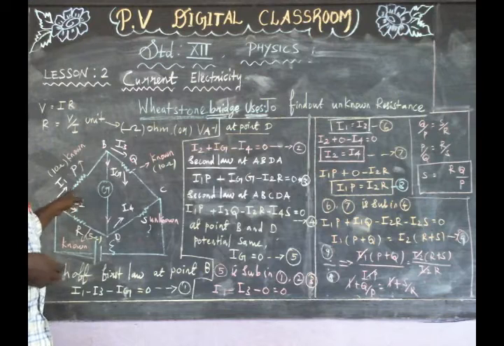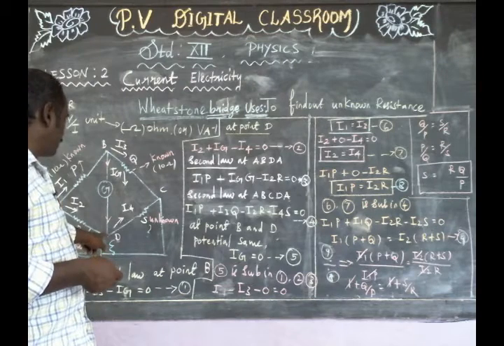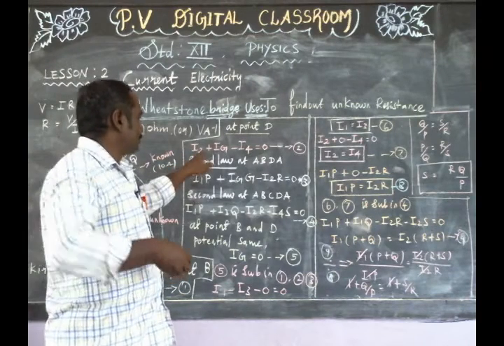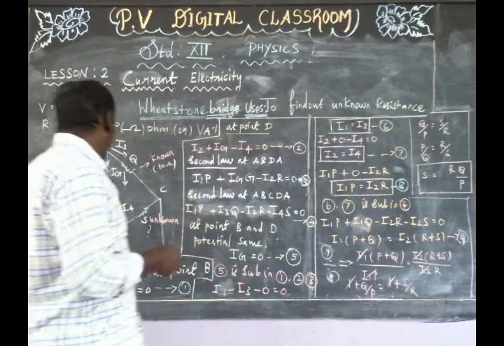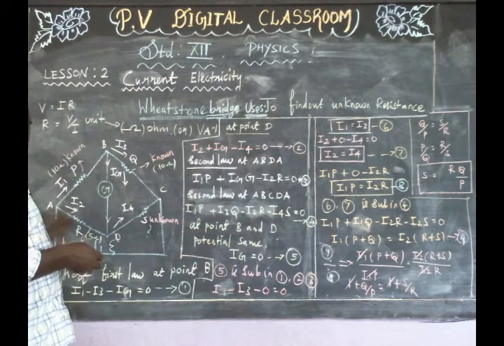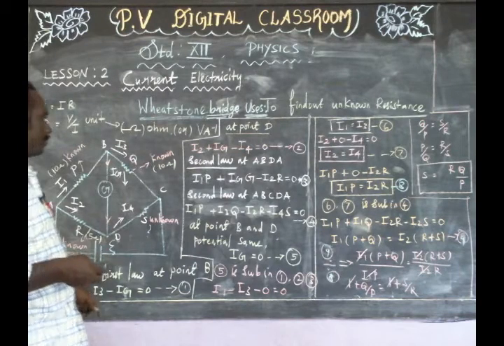Toward the junction is taken as positive, away from the junction is taken as negative. And Kirchhoff's first law at point D, I2 plus Ig minus I4 is equal to 0. This is point D. Toward positive, away negative.